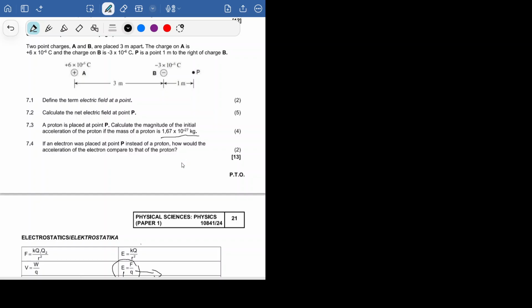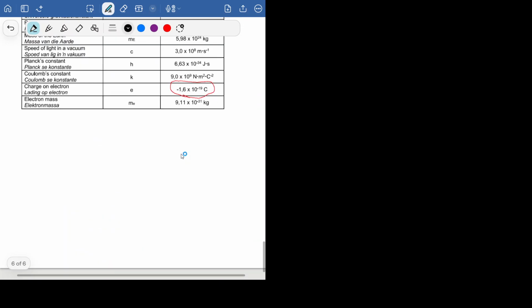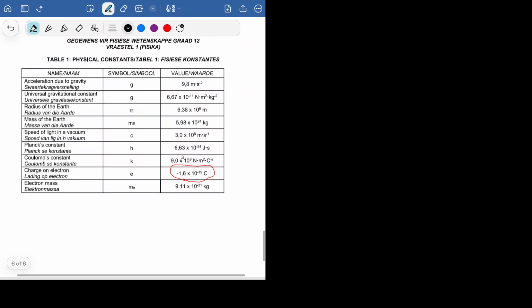Okay, now based on this formula sheet, I want you to notice something. Look at the mass of the electron. Can you see the mass? The mass is 9.11 times 10 to the power of minus 31.